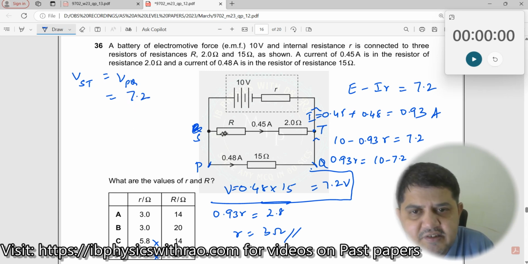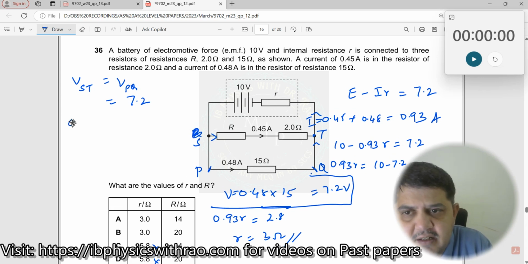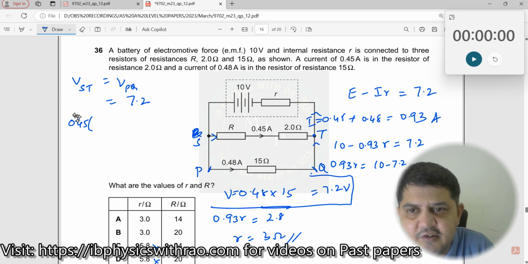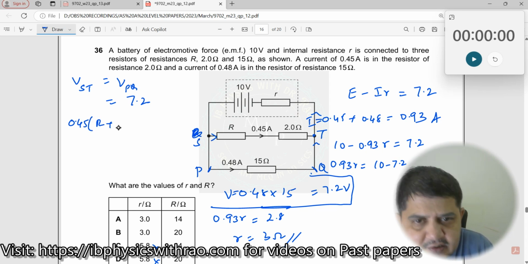Now what is VST here? It should be equal to the sum of all the potential drops, which is the current I through this branch, 0.45, into the total resistance. These were in series, so this should be R plus 2. So 0.45 into R plus 2 should be equal to 7.2.